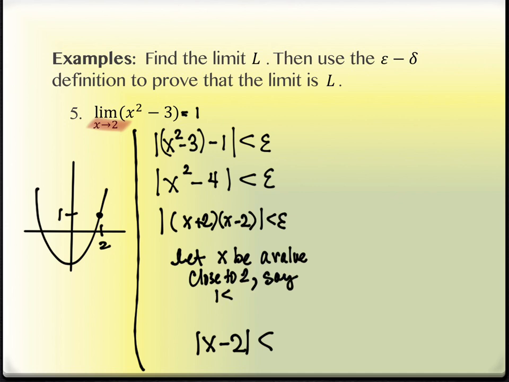Say 1 is less than x is less than 3. We're just going to go 1 on either side. Okay, so between 1 and 3. If you wanted to make it closer, you could. But, you know, whole numbers are nice, so I'm going to go with the whole numbers, between 1 and 3. Okay? And then I need to make this smaller.